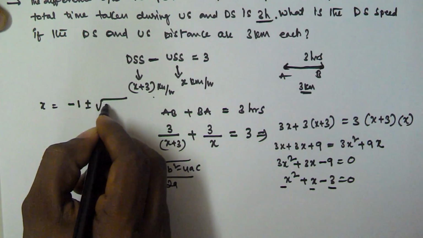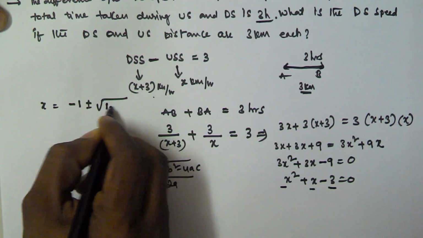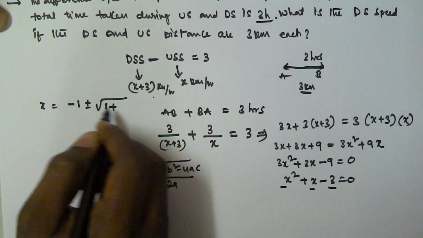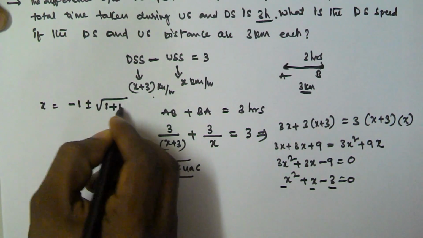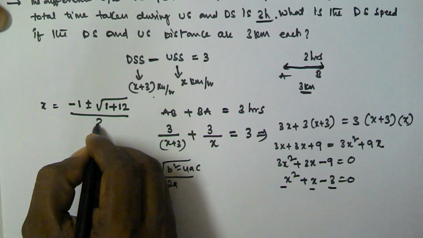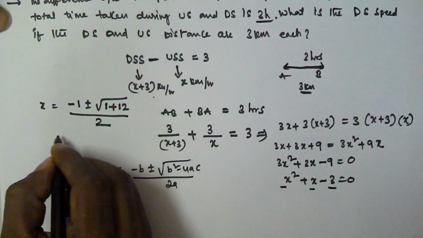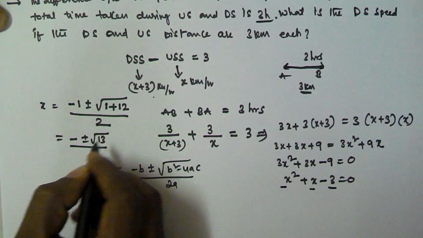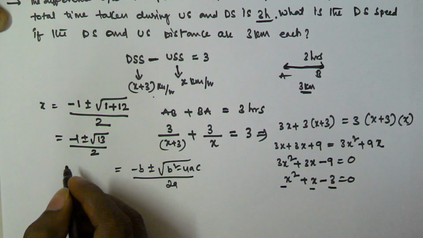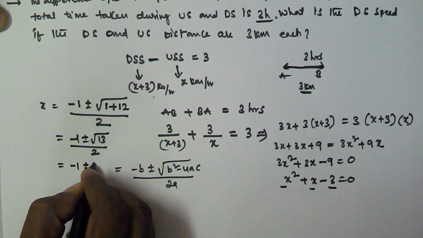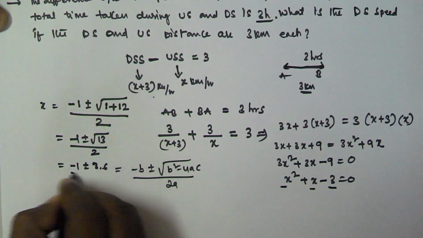So b square is 1, and minus 4ac is minus 4 into 1 into minus 3, so plus 12. By 2a, where a is 1. So we got minus 1 plus or minus under the root of 13 by 2. Root 13 is approximately 3.6, by 2.